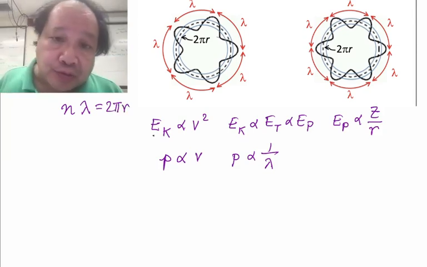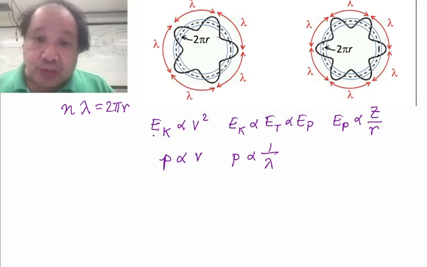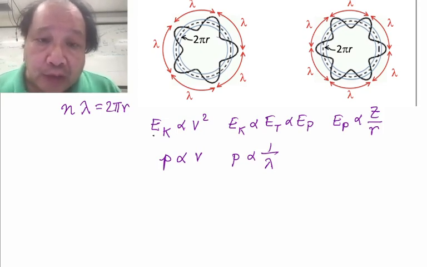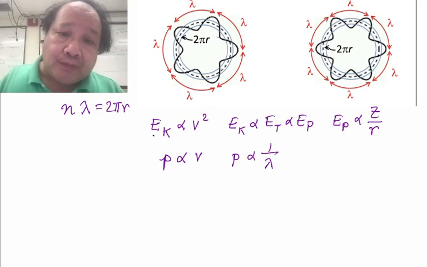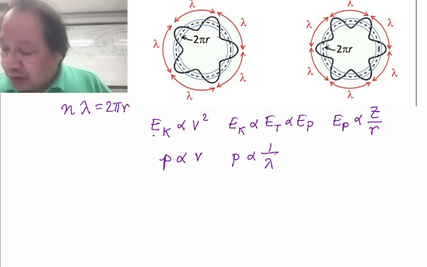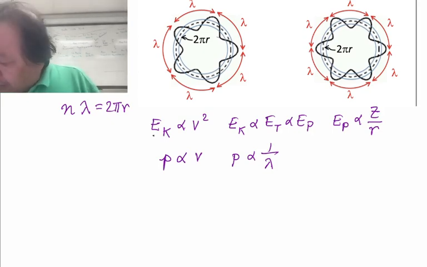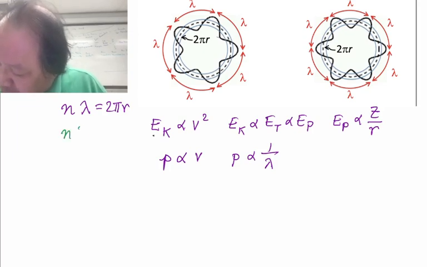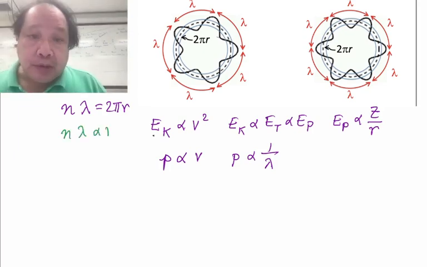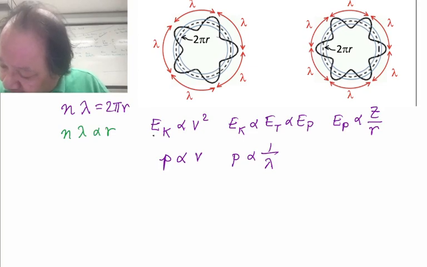And the same thing is true on the picture on the right. There are 6 wavelengths, 6 lambdas. 6 times lambda is 2 pi r. And written as a proportionality relationship, he saw that n times lambda is proportional to r, and he gave n a name. He gave it the name the principal quantum number.